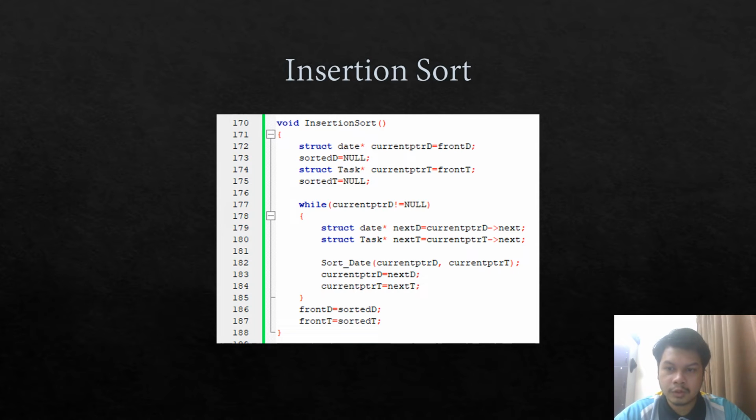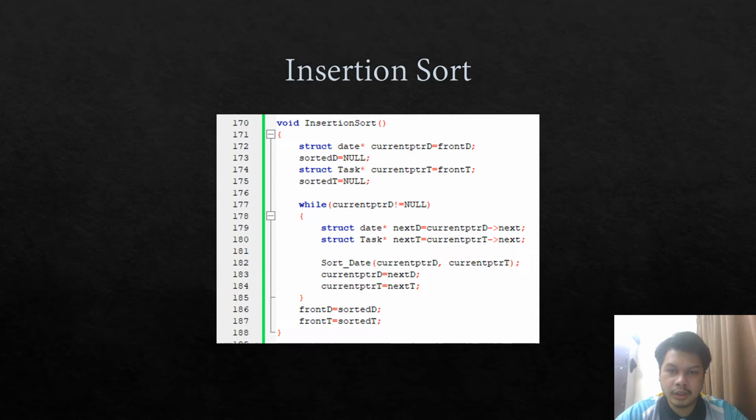The next one is insertion sort. In this void function, firstly we call the pointers: struct date current pointer d equals front d, sorted d equals null, struct task current pointer t equals front t, sorted t equals null. Then we have the while loop for current pointer d not equal to null. If current pointer d is not equal to null, it means there is a value in current pointer d.